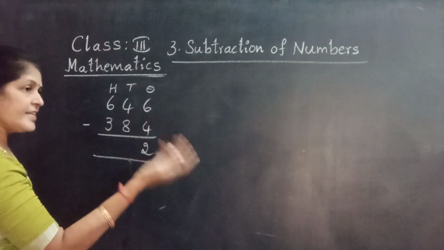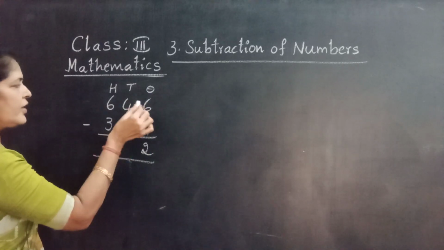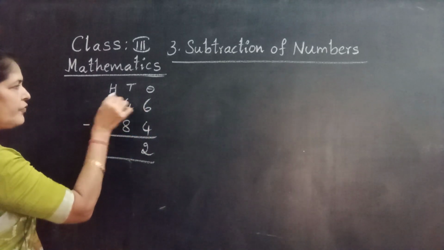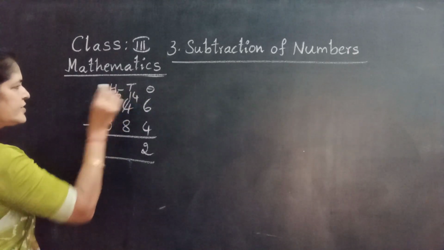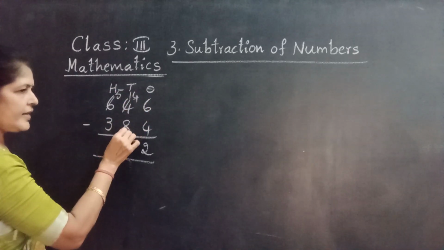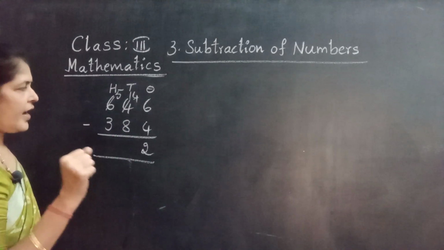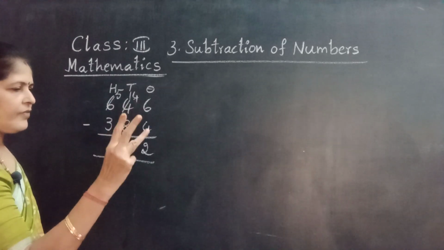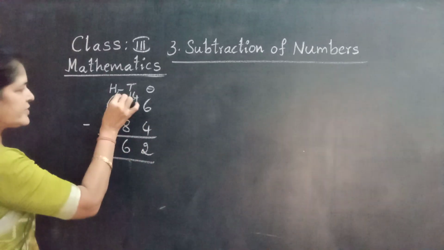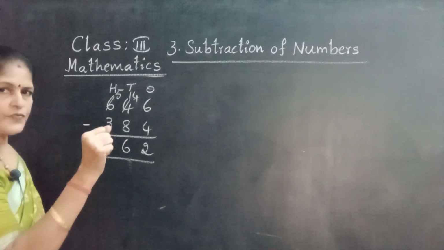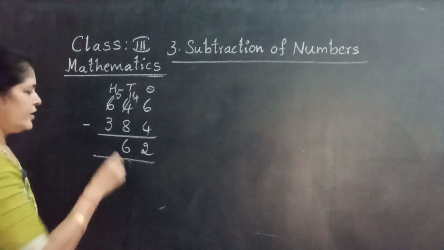Why? 4 is less than 8. Then the borrowing concept: one moves from hundreds to tens, 4 becomes 14, 6 changes into 5. Now 14 minus 8. Close fingers, 8 after 9, 10, 11, 12, 13, 14, 6. Now hundreds, 5 minus 3, close fingers, 3 after 4, 5, 2.